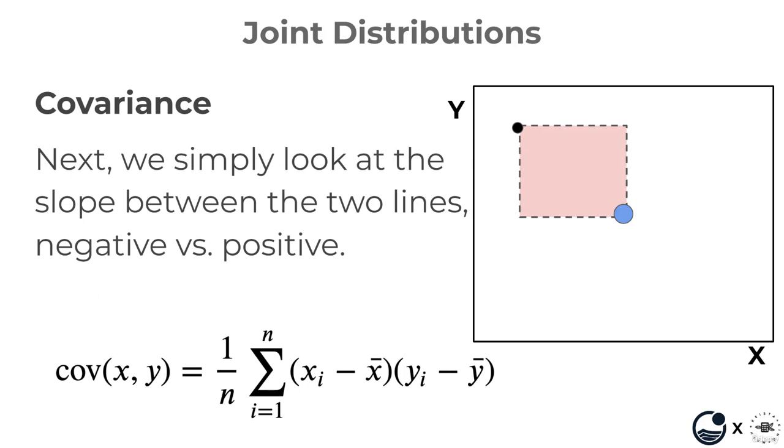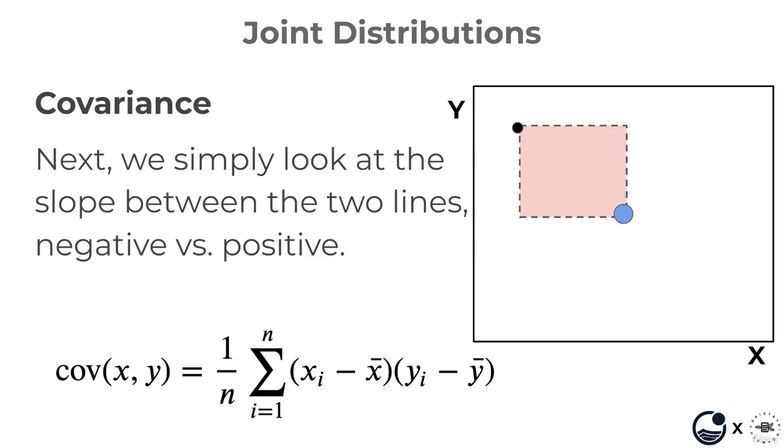And then next, you simply look at the slope between the 2 lines to realize whether or not this is going to be negative versus positive. And therein lies one of the main differences between variance for a single feature versus covariance between 2 features. Notice this time the value could actually be negative, unlike last time with the square operation, where it was always going to be positive.